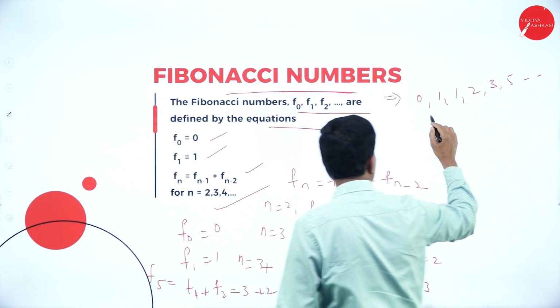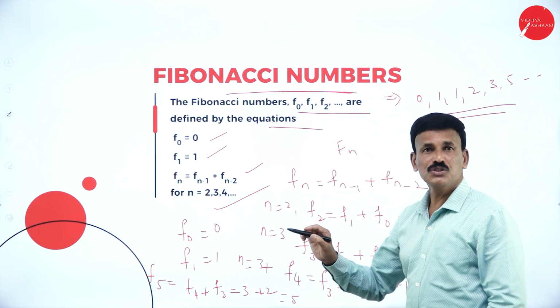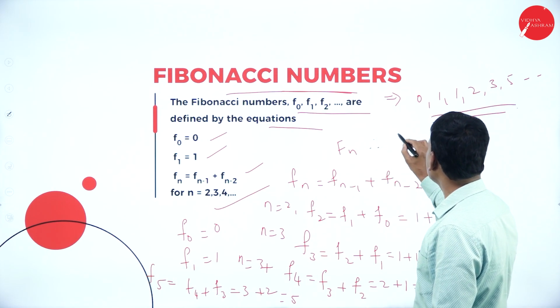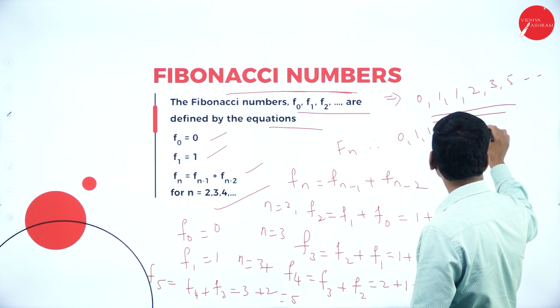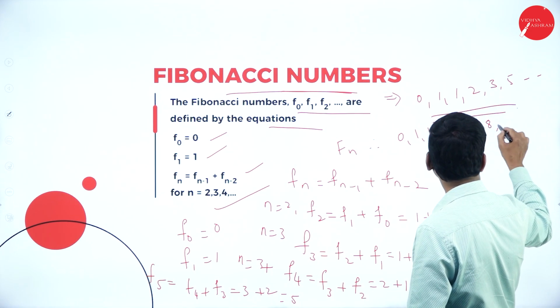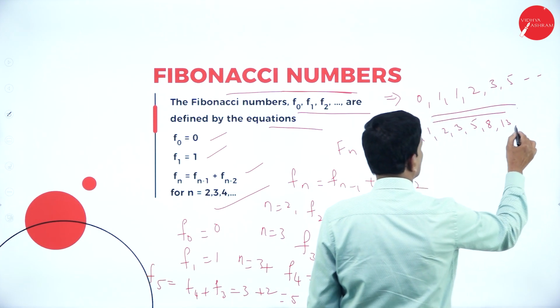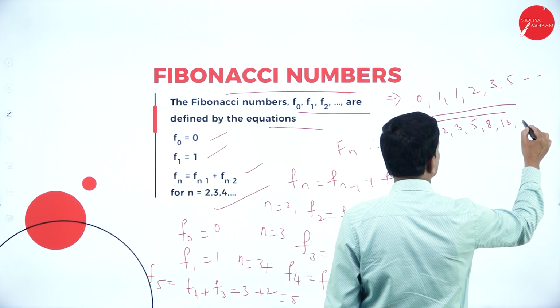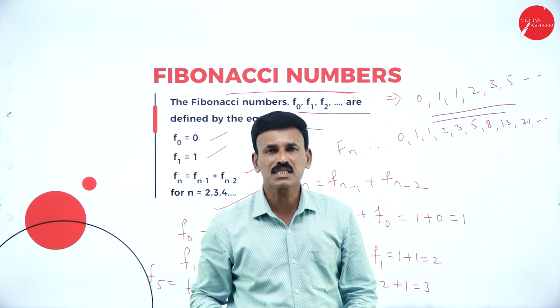So this is called the Fibonacci numbers. So usually the Fibonacci numbers are 0, 1, 1, 2, 3, 5, 3 plus 5 is 8, 8 plus 5 is 13, again 13 plus 8 is 21, etc. These are the Fibonacci numbers.